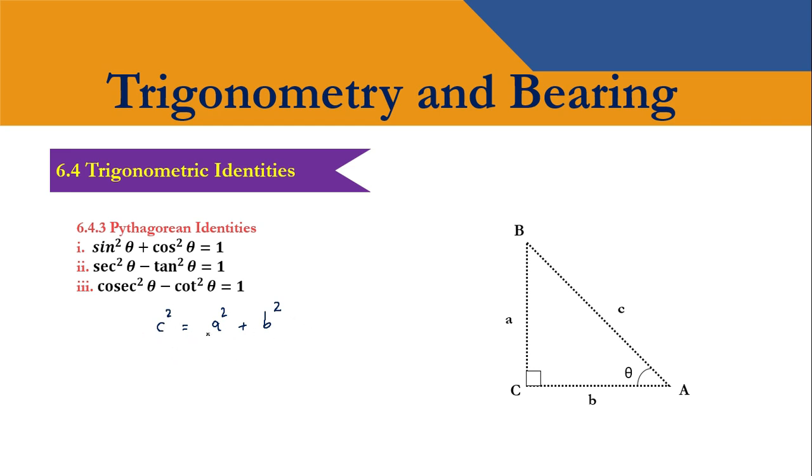We know that sine theta is equal to A divided by C and cos theta is equal to B divided by C. To convert these into A divided by C and B divided by C, we have to divide the complete equation by C. So dividing this equation on both sides by C square.